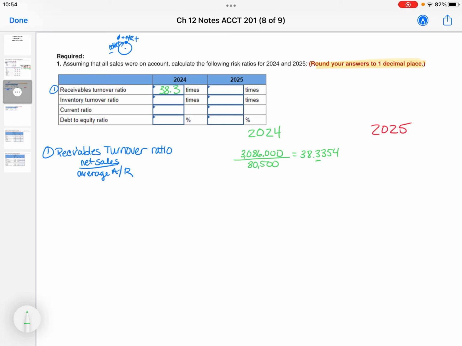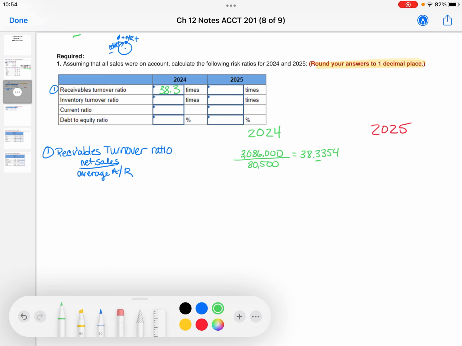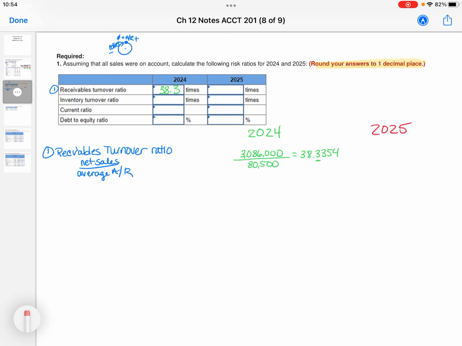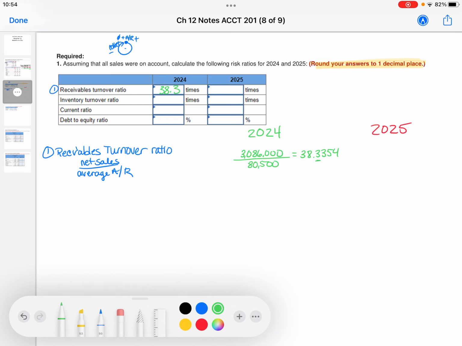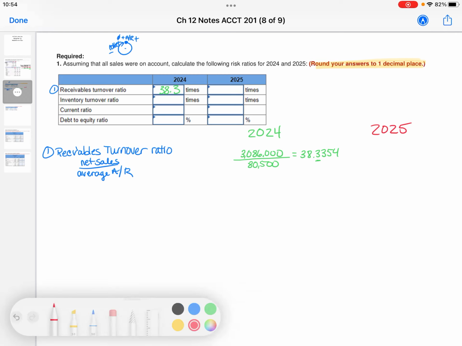Now, we compare that to other companies within the same size and same area of expertise. I forgot what this was, virtual gaming. So other gaming companies, right? Okay, so for 2025, what does it look like? Again, net sales. This one's a little bit higher. It's 3,560,000.